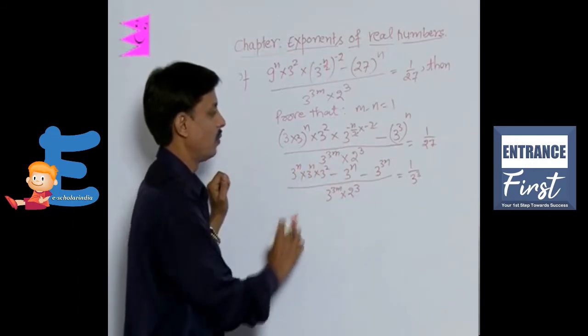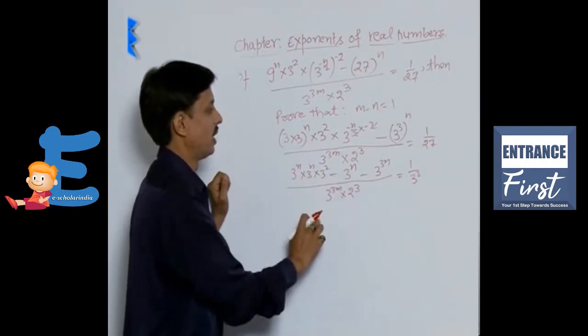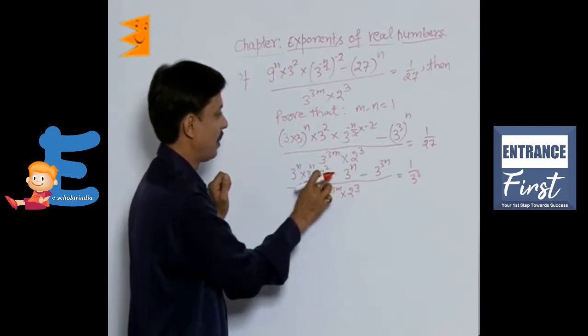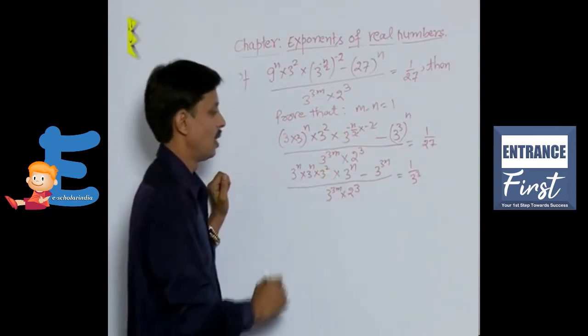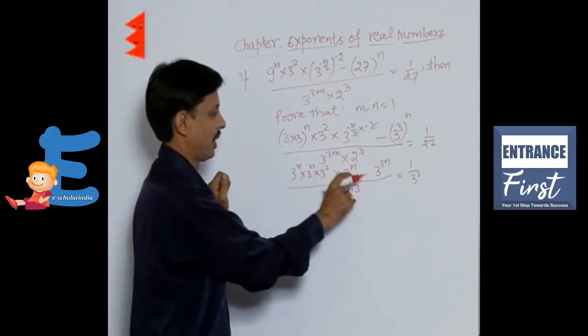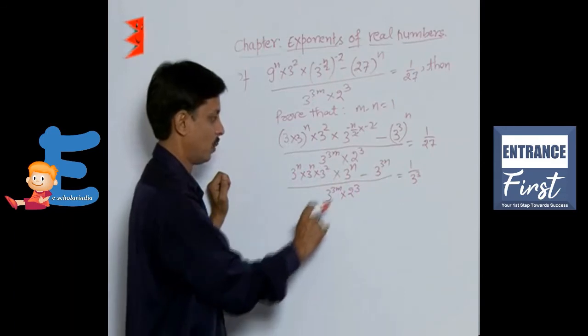Now here, in the numerator, by chance I have written a minus, this is a sign of product. So this is 3 to the power n, 3 to the power n, 3 to the power n into 3 to the power 2.